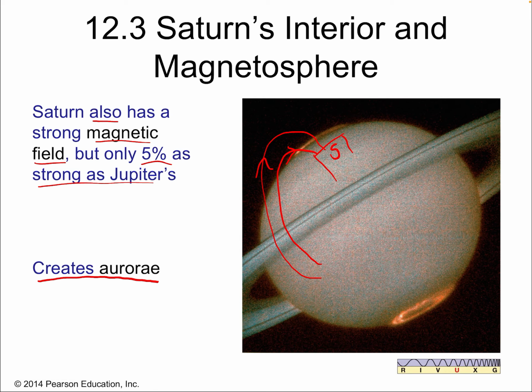I'm not sure if that's the case for Saturn. Those tend to vary between planets. But regardless, there's a pole up here, and there are magnetic field lines. And so when we have charged particles in the solar system, like electrons, they get directed along those magnetic field lines. And then those charged particles release energy in the form of visible light. And that's what we see as the auroras. Right? You can see aurora down here. So it's all about charged particles following the field lines along helical paths.